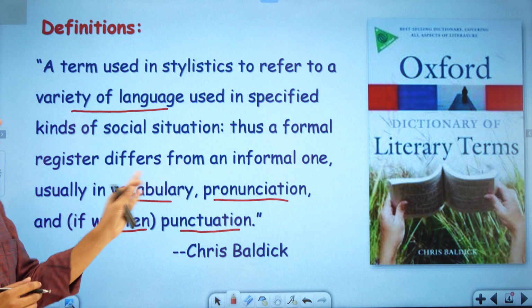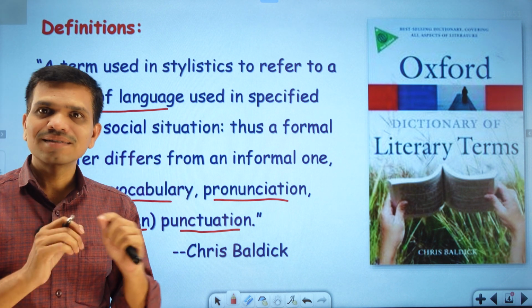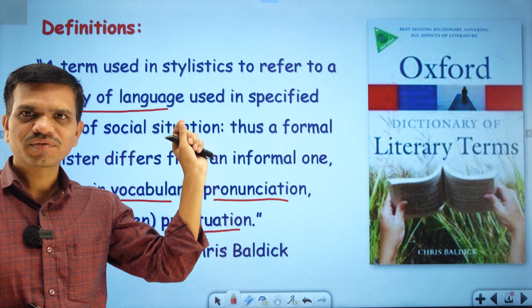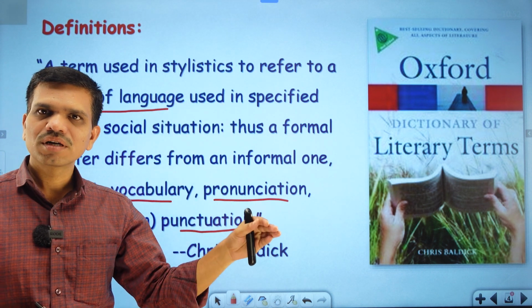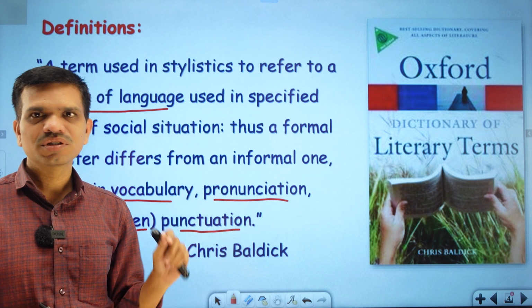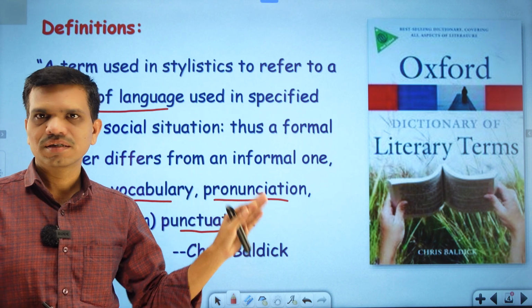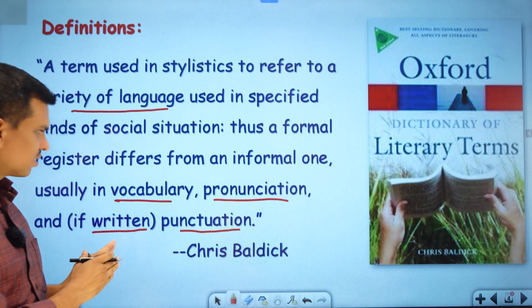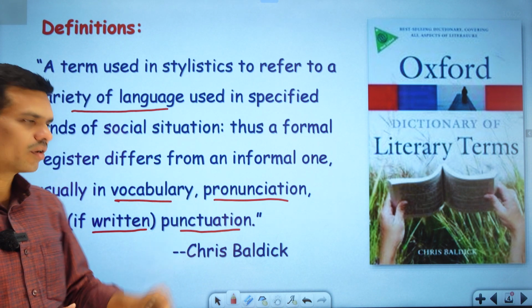So these things are important while understanding the register. So it is a special or specified kind of language used in particular fields or in particular situations, and it differs in formal and informal use. And we have the difference in vocabulary, pronunciation or punctuation.